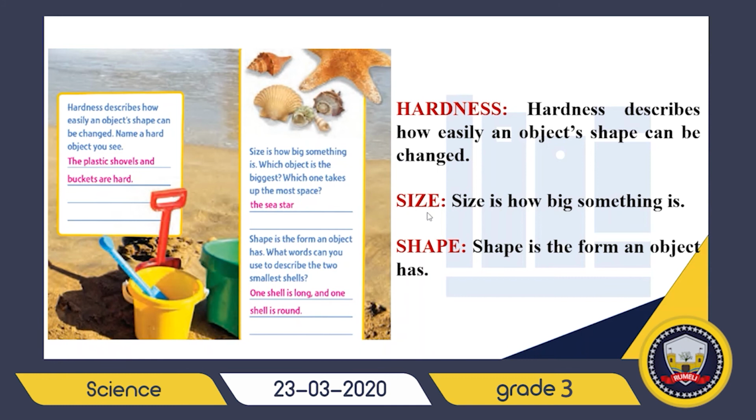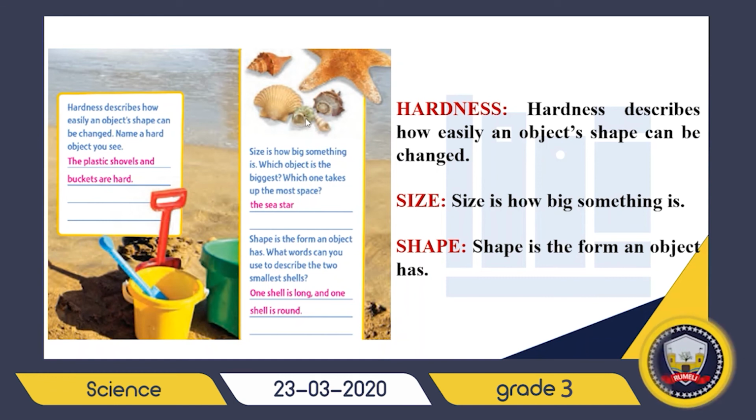Good. What about shape? Shape is the form an object has. We say round, long, short. So they represent shape. What words can you use to describe the two smallest shells? Let's check them.